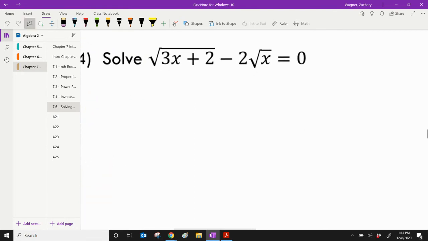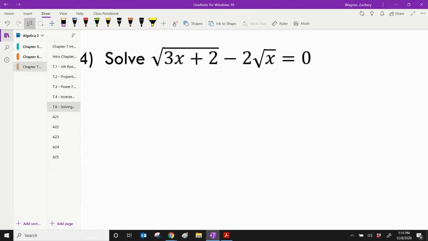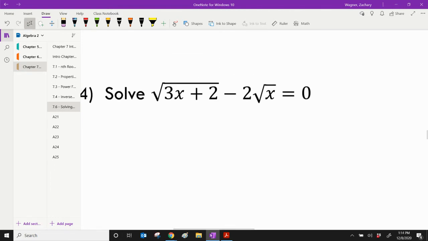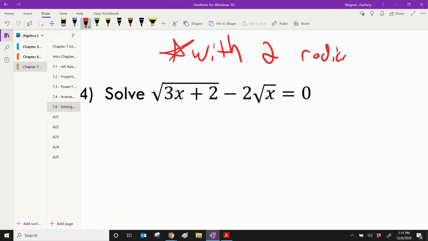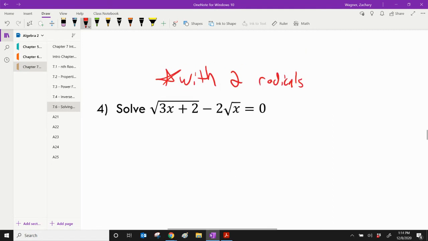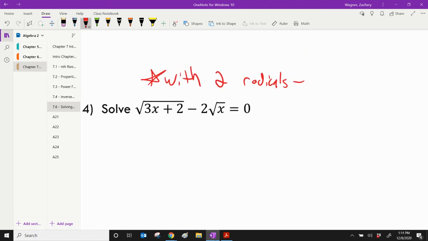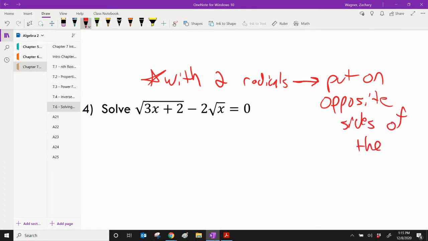Solve this. Now, once you're stuck here, please note, if you have 2 radicals, put them on opposite sides of the equation.